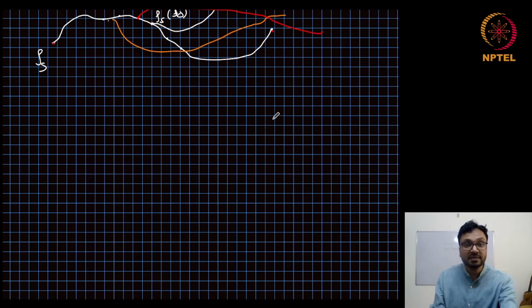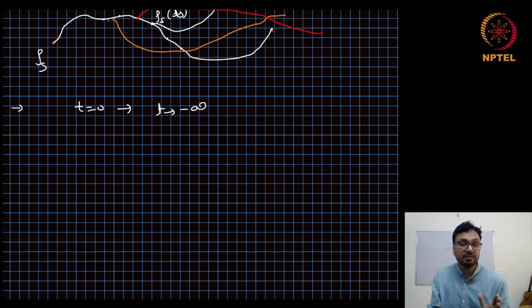In order to convert the Redfield equation into Markovian dynamics, we need to make some further simplifications. One of the simplifications is that we take t equals 0 to t equals minus infinity. That is, we say that our dynamics does not start from t equals 0, but from t tending to minus infinity, and we can say that the interaction Hamiltonian for t less than 0 is just 0.